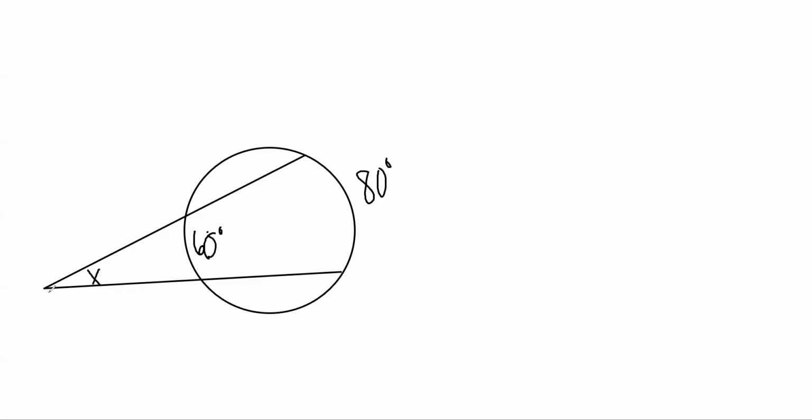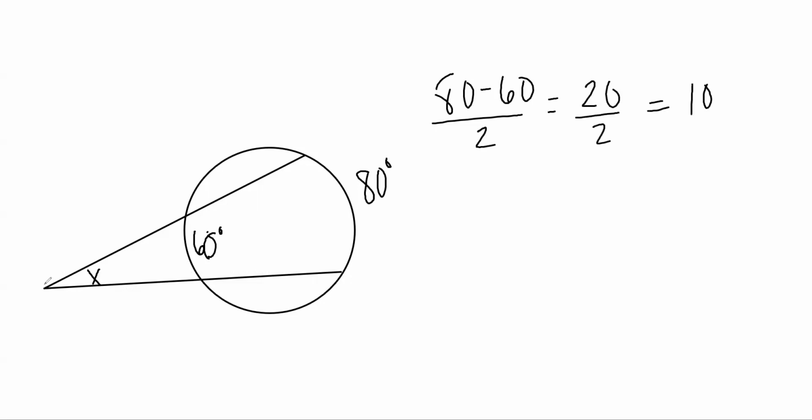Okay, so my intersection is outside, so that means I'm going to subtract my 2 arcs and divide by 2, which gives me 20 divided by 2, which I know that my angle measurement is 10, so x equals 10 degrees.